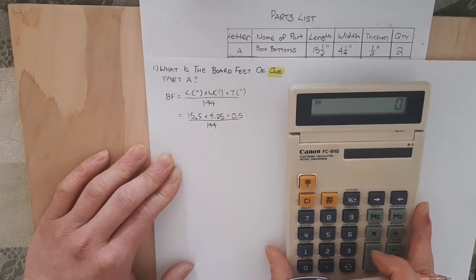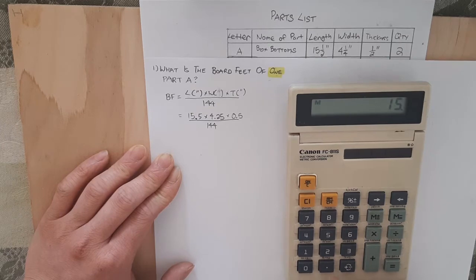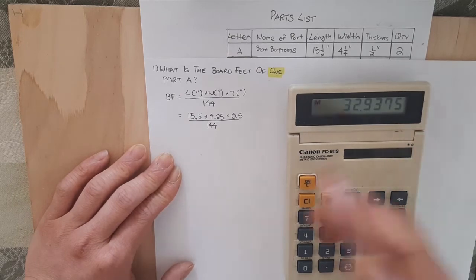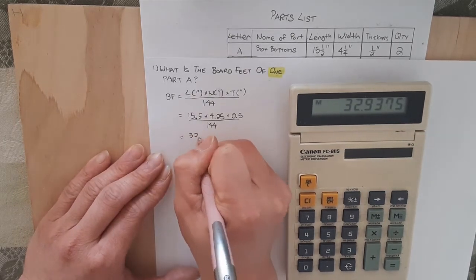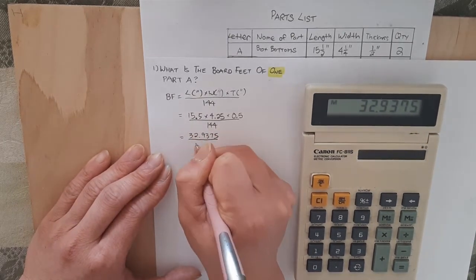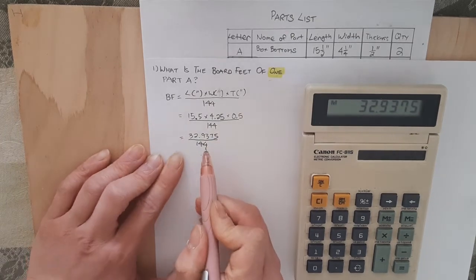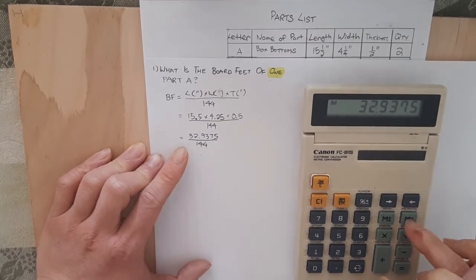So I'm going to go ahead and pull up my calculator. 15.5 times 4.25 times 0.5 gives me this number over here. We're going to divide that by 144.